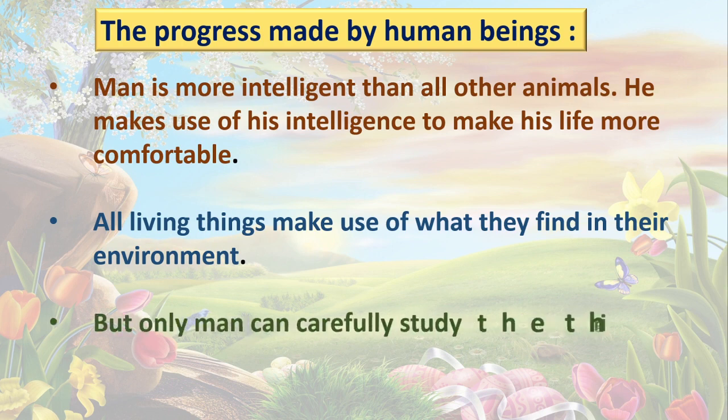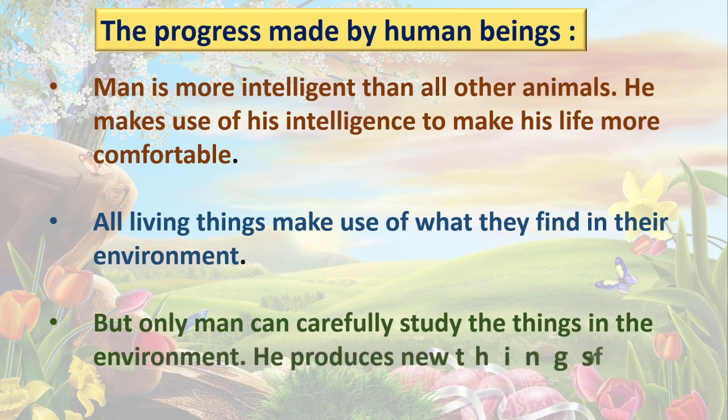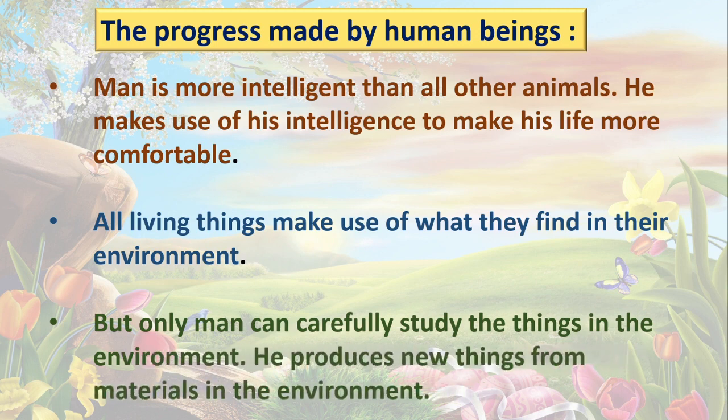But only man can carefully study the things in the environment and he produces new things from materials in the environment. Means he takes the use of the things that we get from the environment and he converts these materials according to his wish.